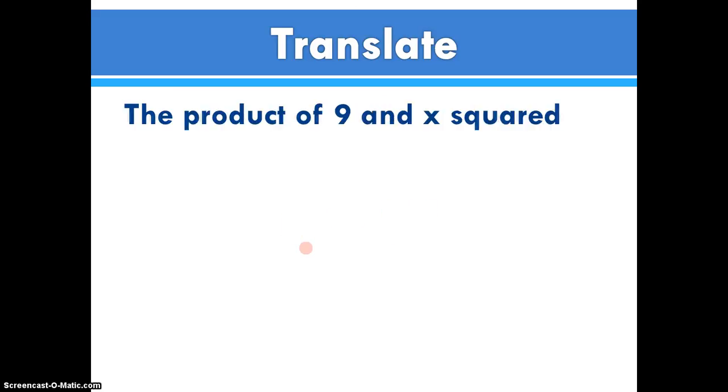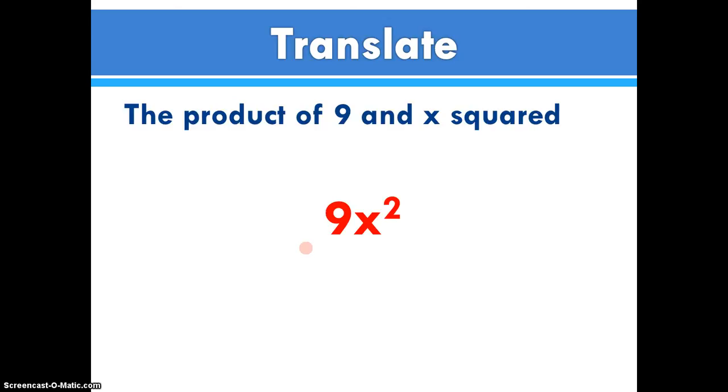The product of 9 and x squared. Okay, we know that product means to multiply, squared means to the power of 2, or the exponent 2. So we will write that as 9x squared. Now, the important thing that we need to remember is that when we're multiplying a number and a variable together, the number needs to always go first.